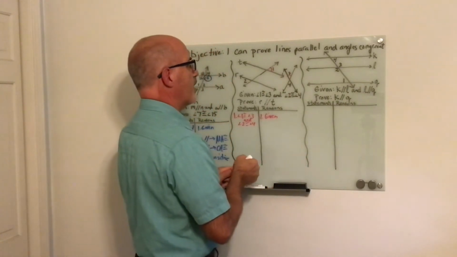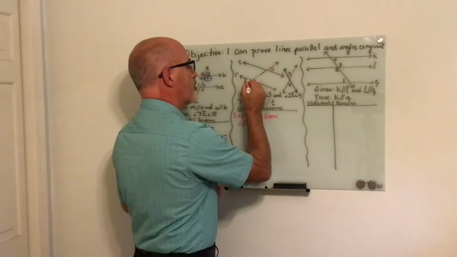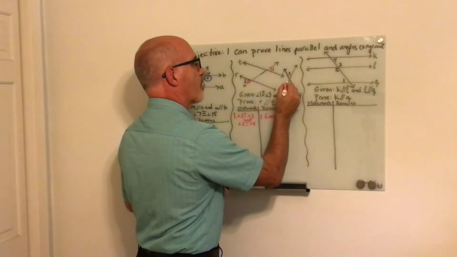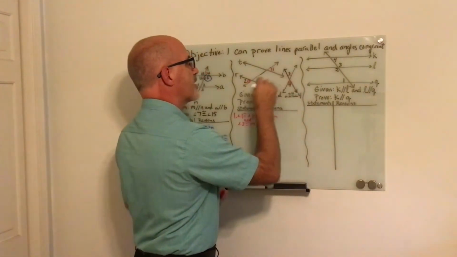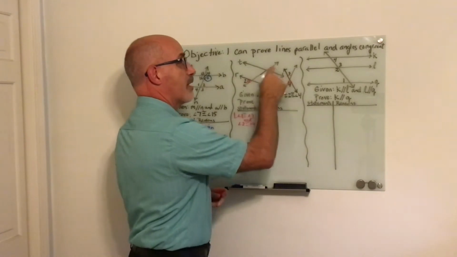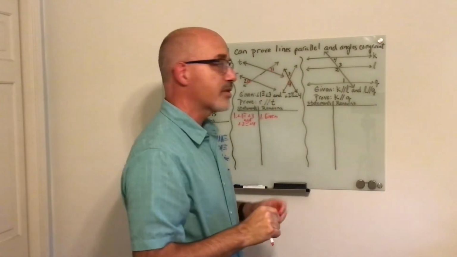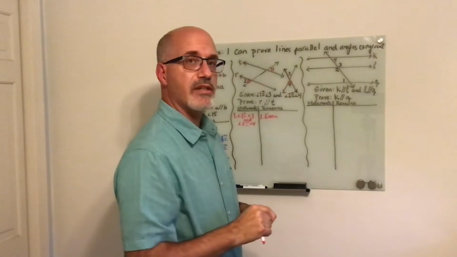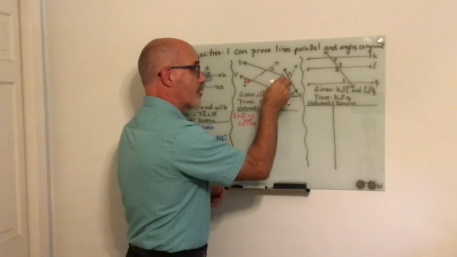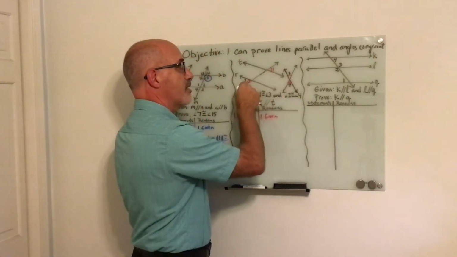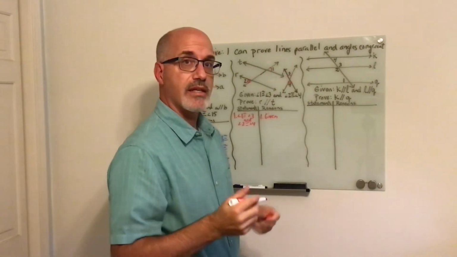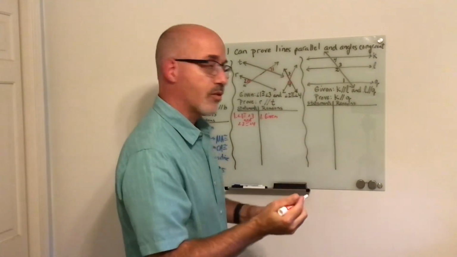So if 1 is congruent to angle 3 and 2 is congruent to angle 4, notice that these guys are going to be alternate exterior angles. If I can use my transitive property, I'll be able to transfer those congruencies to these two, and I'll have that angles are congruent leading to parallel lines.